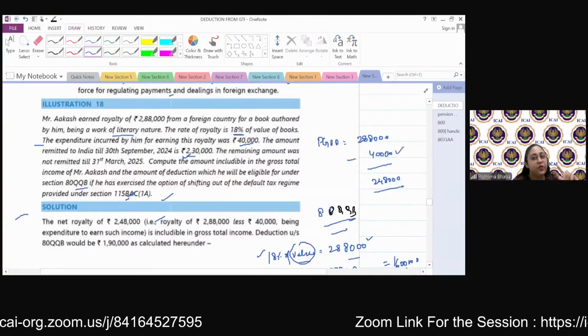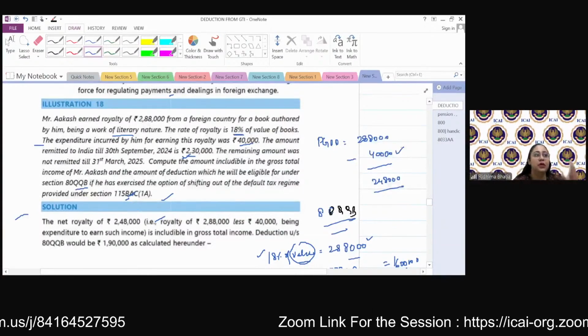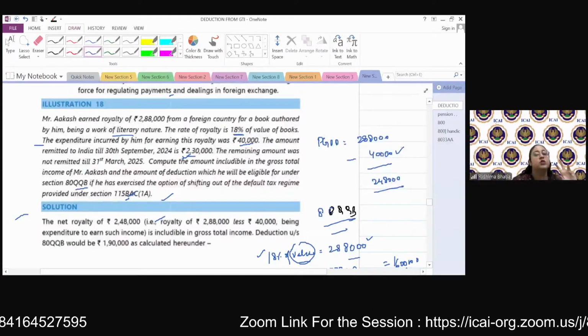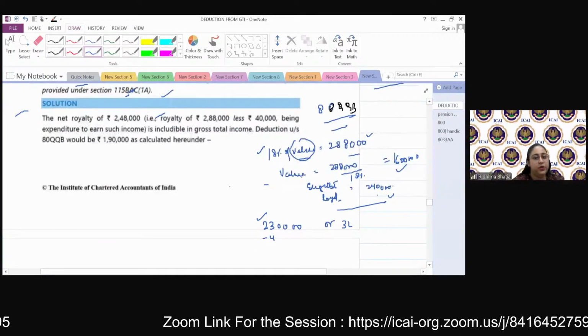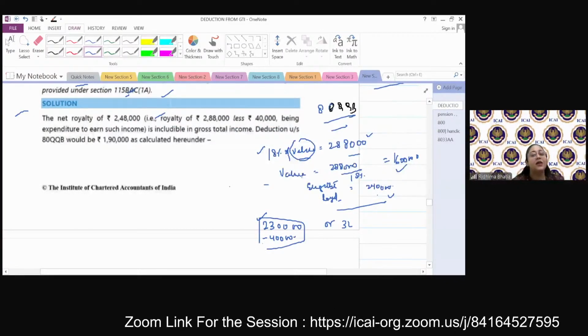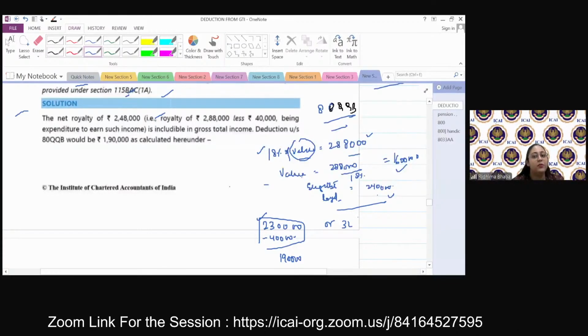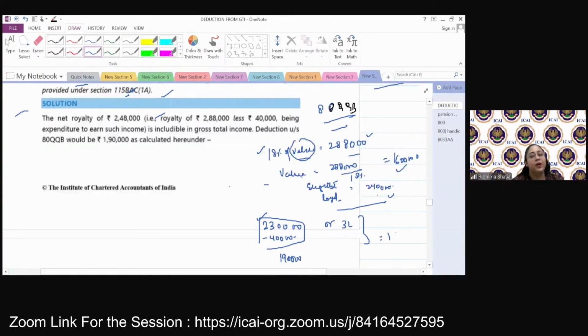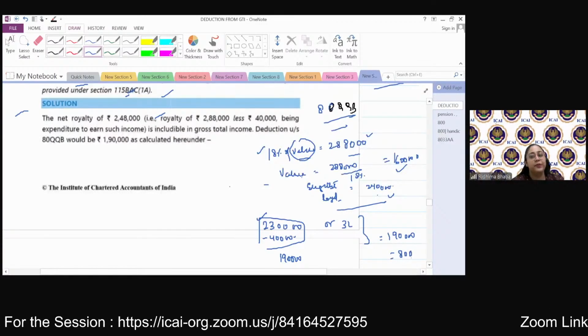So the 40,000 benefit you have already taken and reduced your income by 40,000. Again, I cannot claim it, right? That has to be excluded. Out of 2,30,000, 40,000 would be reduced. And then the comparison of 1,90,000 or 3 lakh, whichever is lower, will come. The answer would be 1,90,000 eligible deduction under 80QQB.